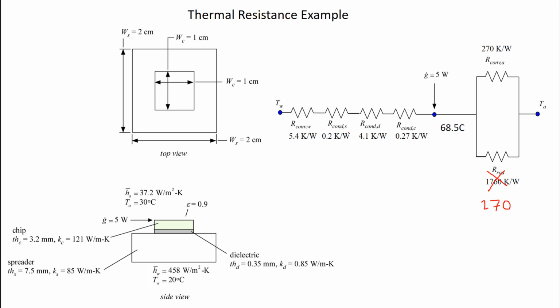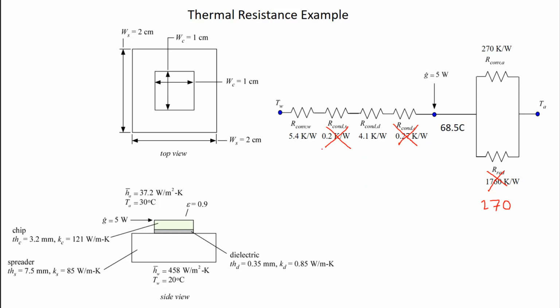Now let's come over and look at this path over here. So here we have 4 resistances that are added together. They're in series. We said, I think last time, that when you have resistors in series, it's always the big ones that matter. Over here, in resistors in parallel, the small ones matter. Over here, resistors in series, the big ones matter. So right away, I know that the conduction resistance of the spreader and the conduction resistance of the chip, neither one of those are very important.